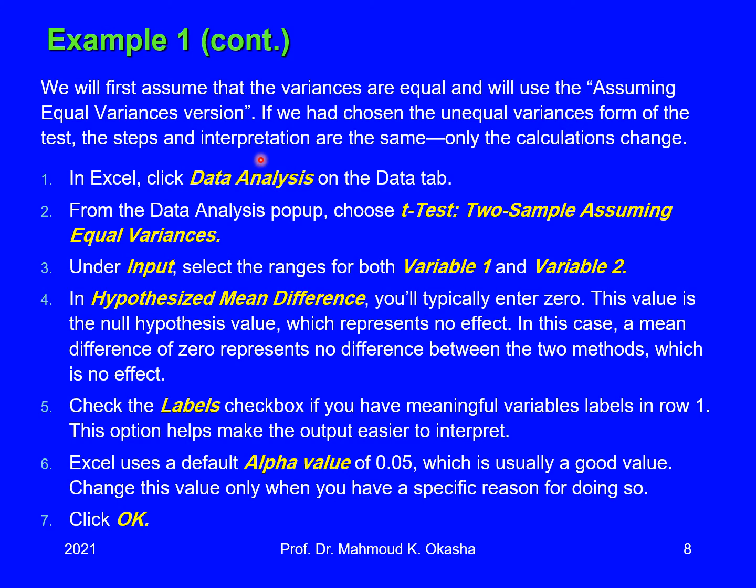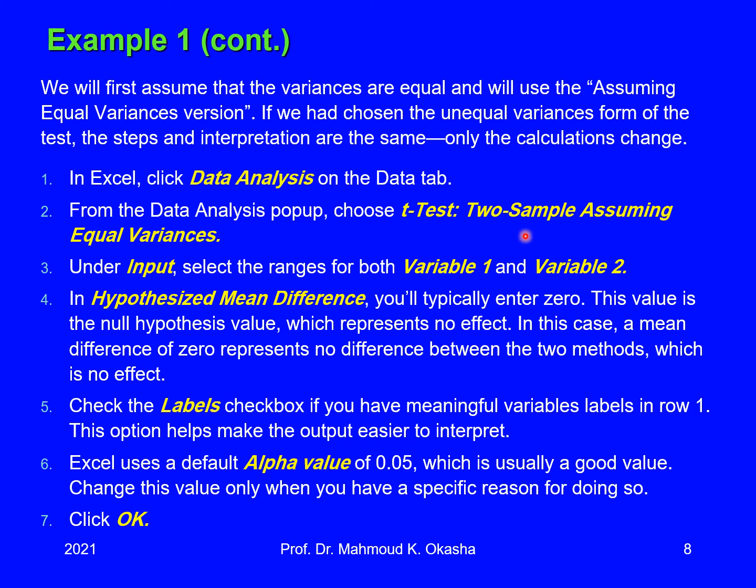The data analysis tool is in the right hand corner in the data tab in the Excel sheet, right? Then if you click that, you get a pop-up of analyses to choose from.